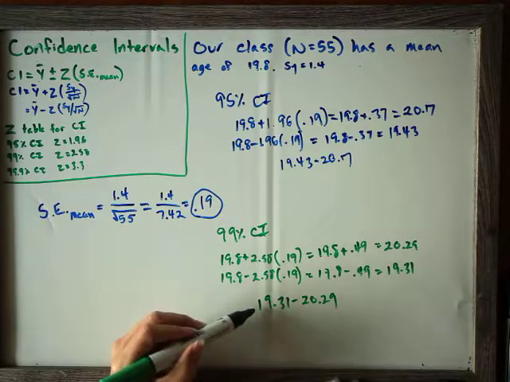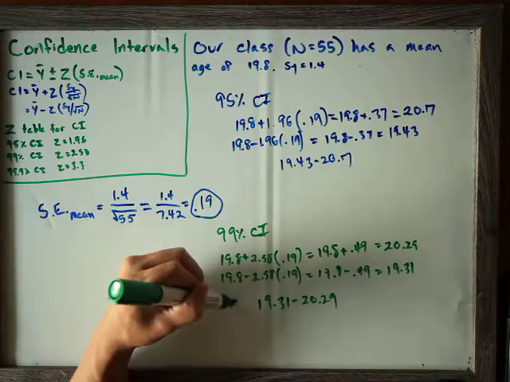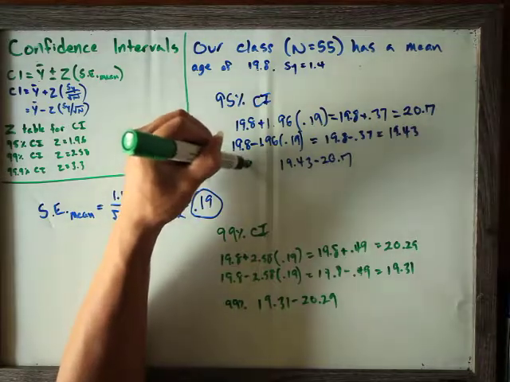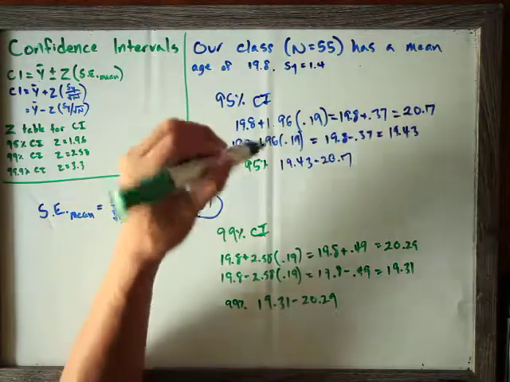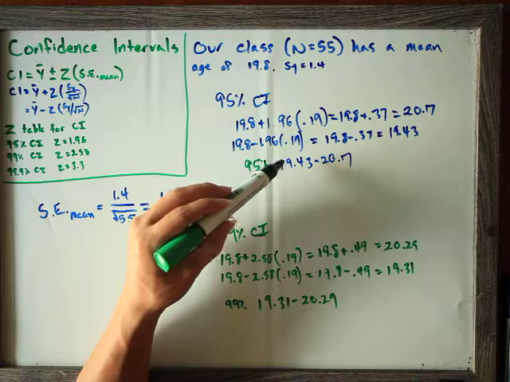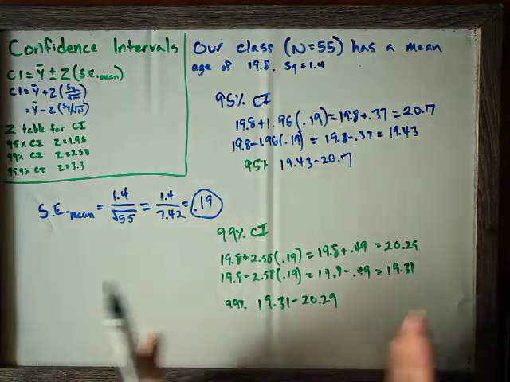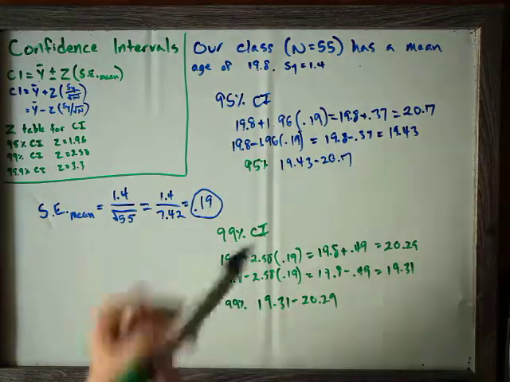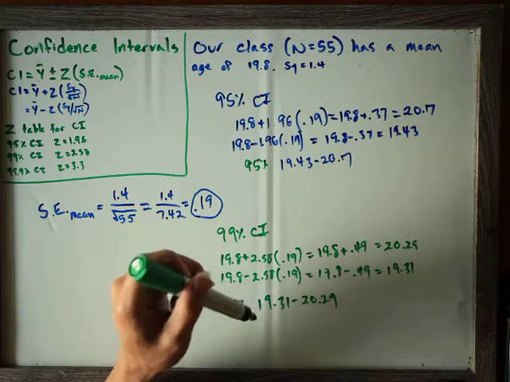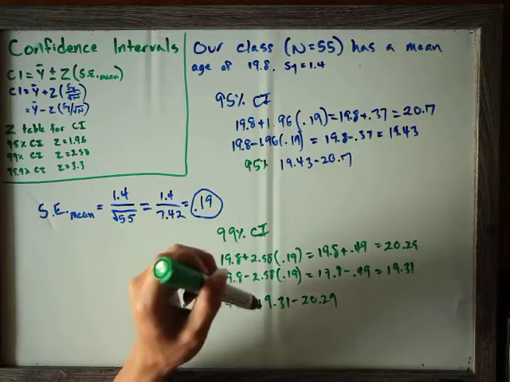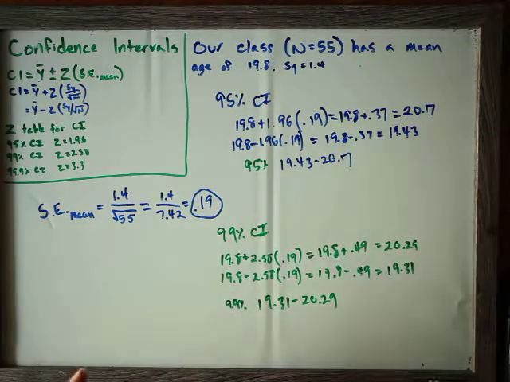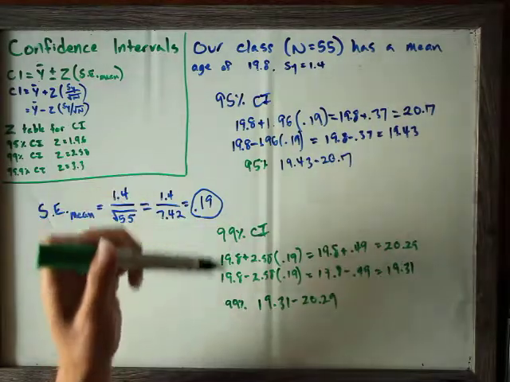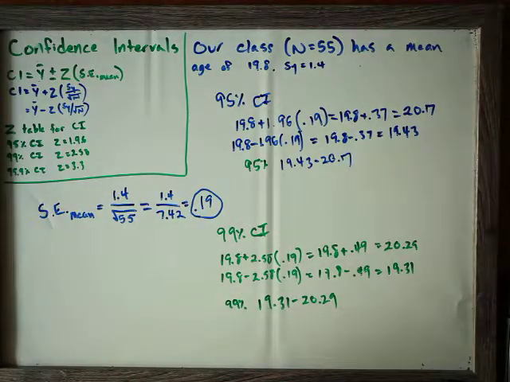Now you notice that this 99% confidence interval is a little bit wider than the 95% confidence interval, because we have to be more sure that these values contain the actual population parameter. We have to widen the range. That's why as you increase your confidence level, your range is also going to widen.